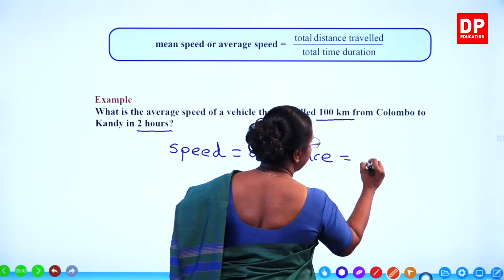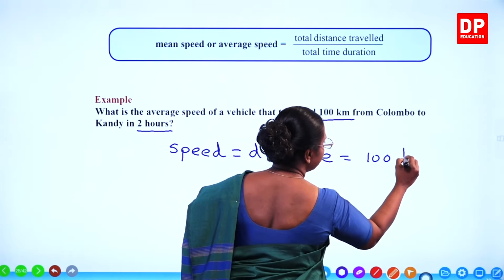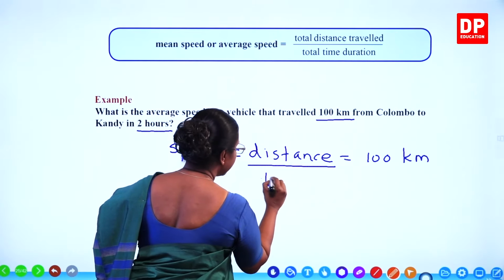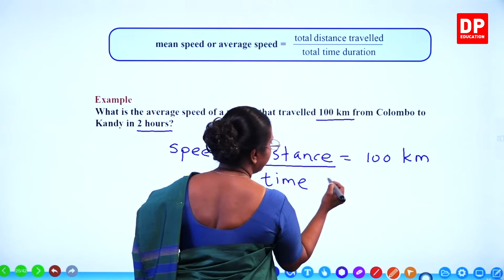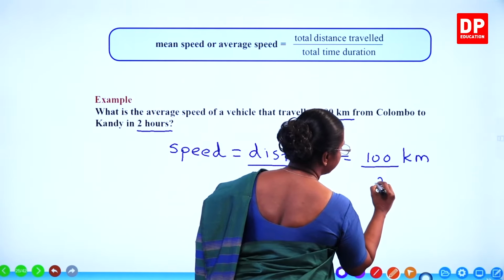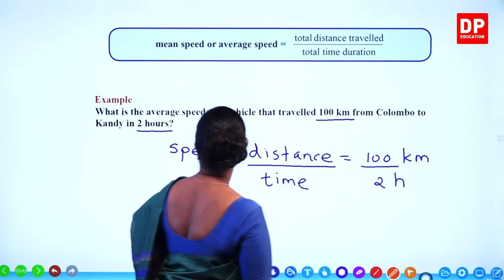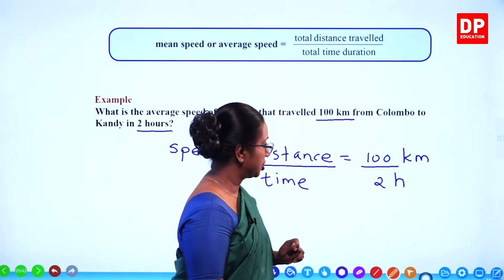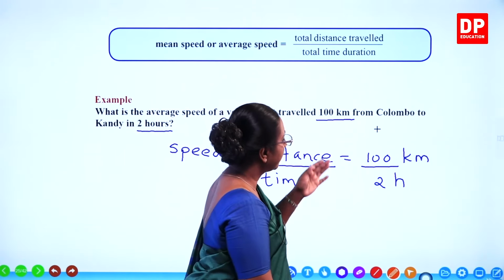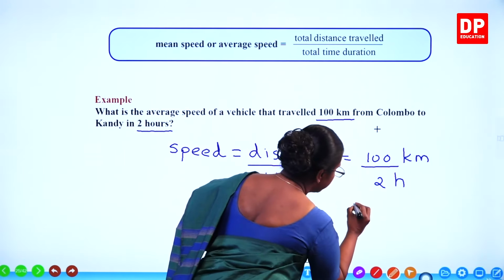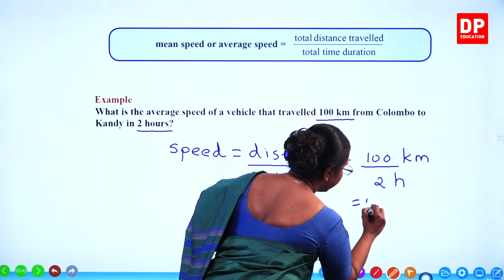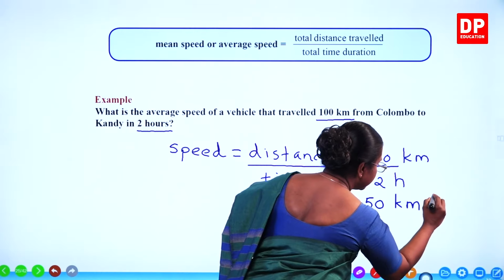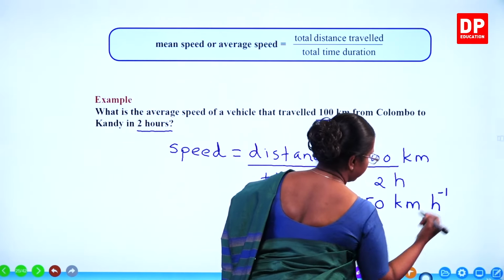We use the value 100 kilometers and to divide it by time, we directly use the value 2 hours. For hours, we use the unit h. So, when we divide 100 kilometers by 2 hours, we will get the speed as 50 kilometers per hour.